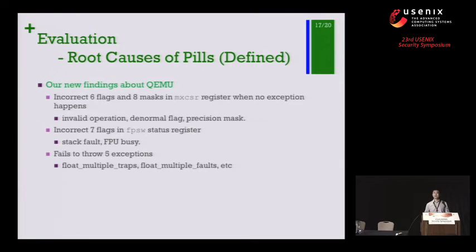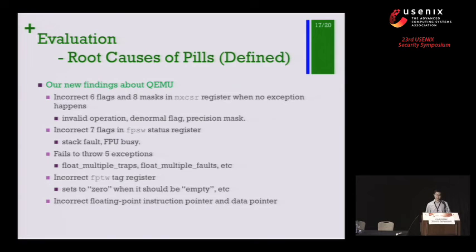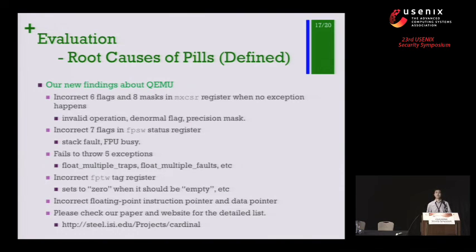And sometimes QEMU just failed to throw certain exceptions when it should. And in other cases, QEMU also failed to update floating point tag register, floating point instruction pointer, and data pointer. For the detailed list, please refer to our paper and our website.